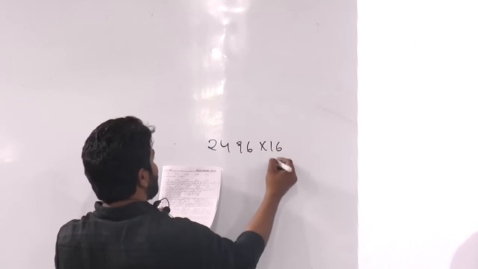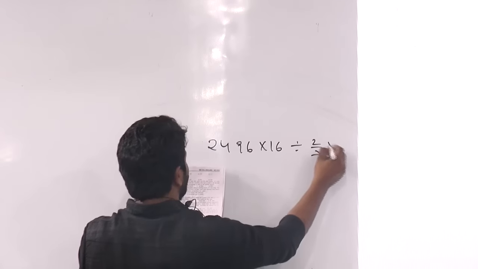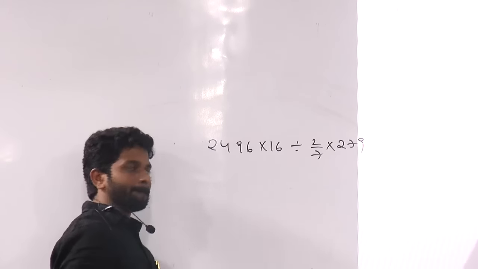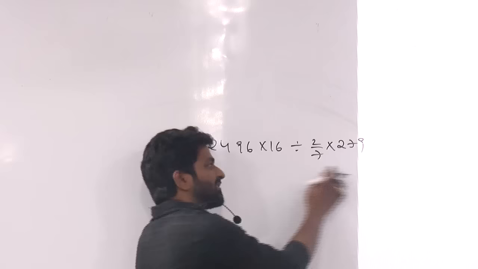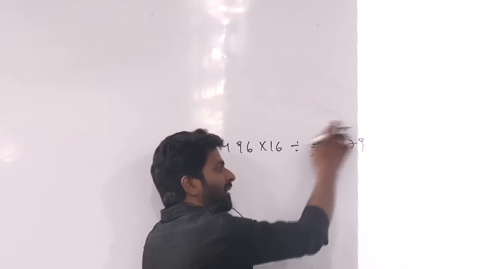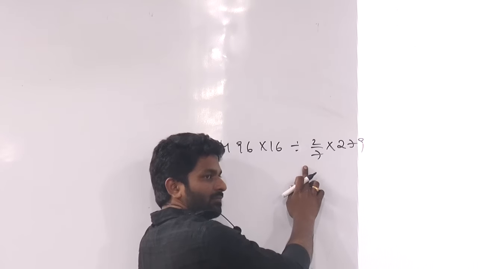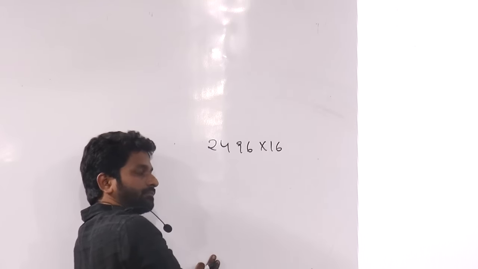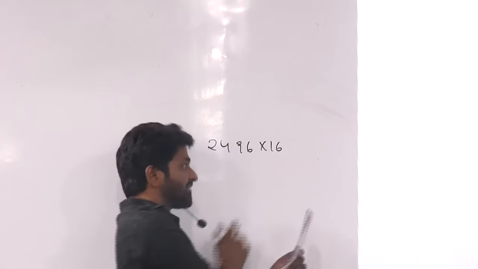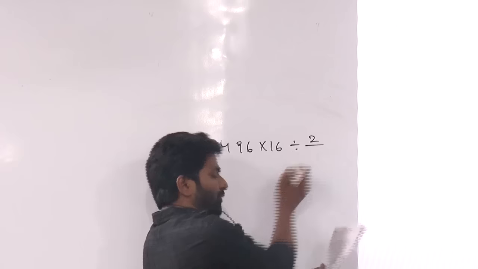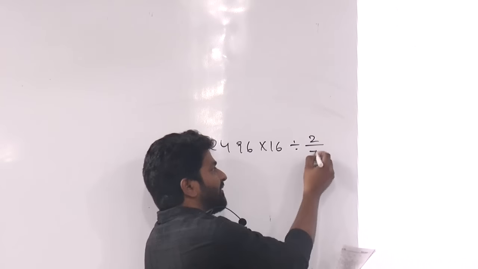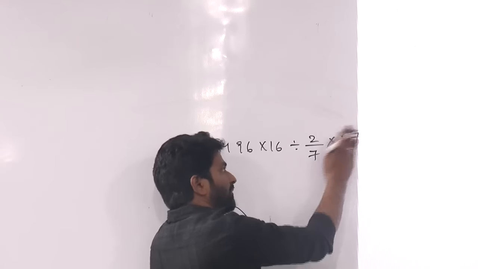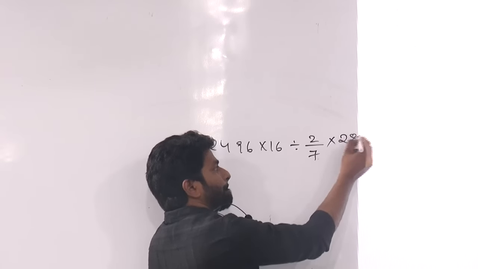2496 into 16 divided by 2/7 of 279. This itself is a complete number, right? Yes or no? Right. What is this? Divided by 2/7 of 2. Yeah, you can treat it as 280.